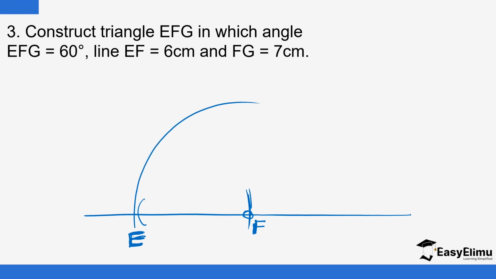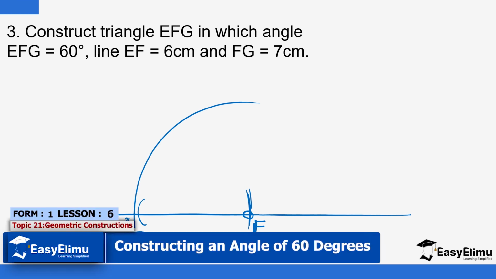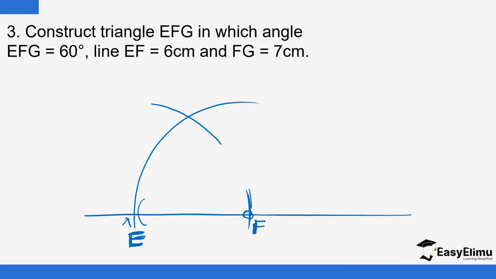Then this one is now my X. So I'll use X as the center and make another arc with the same radius. And then I shall have constructed like this. So I join F to that point of intersection. We said you can call that point of intersection R. So you just join these two.